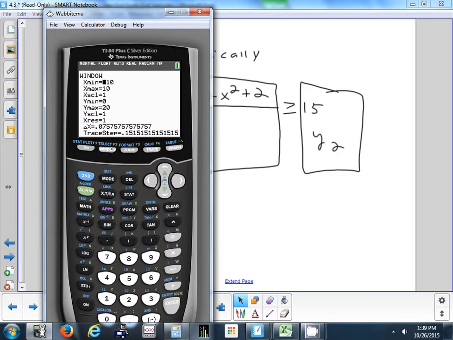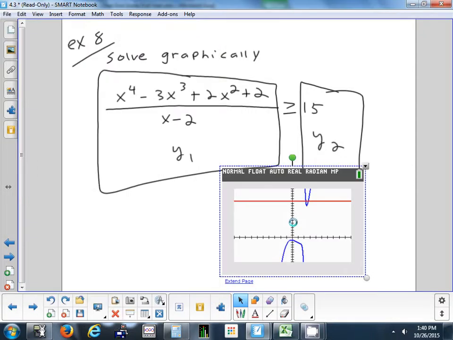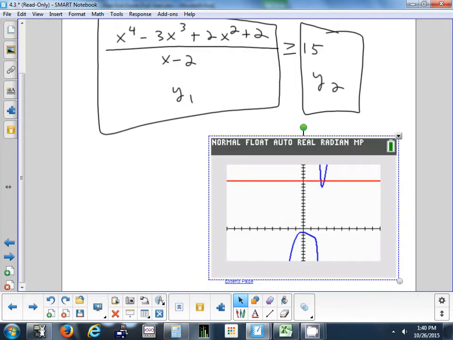I think there probably is some stuff happening below the x-axis, but this part we don't even care about. We only care about when that blue graph is above 15. So what do I have to do to find where it's above 15? Yep, let's find both of these intersects.